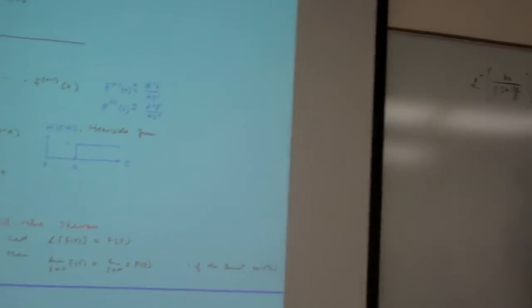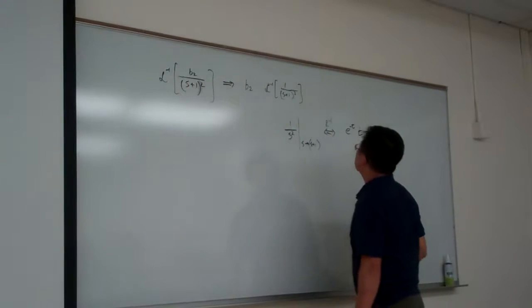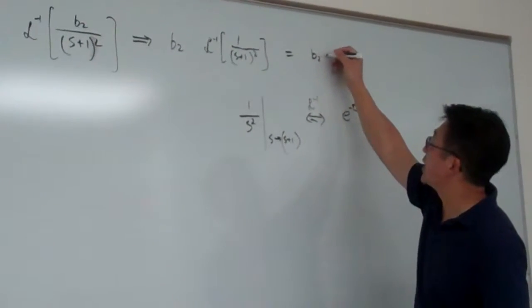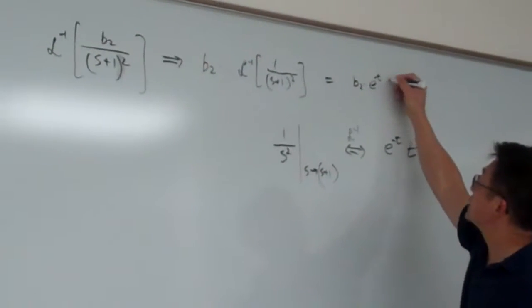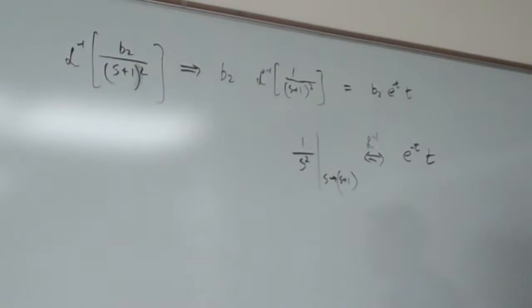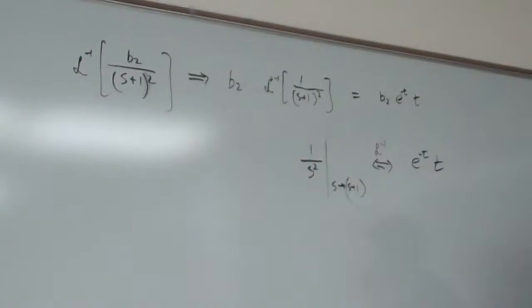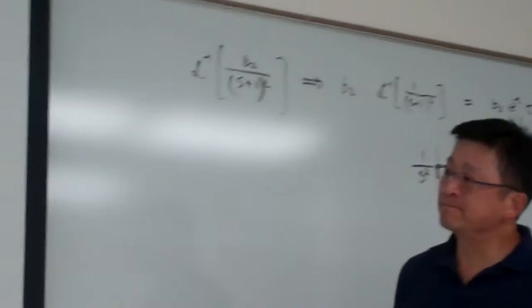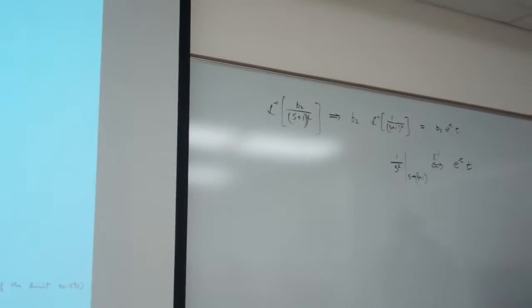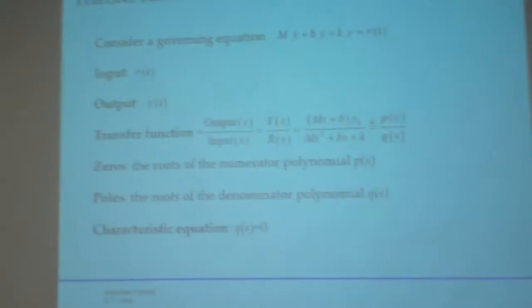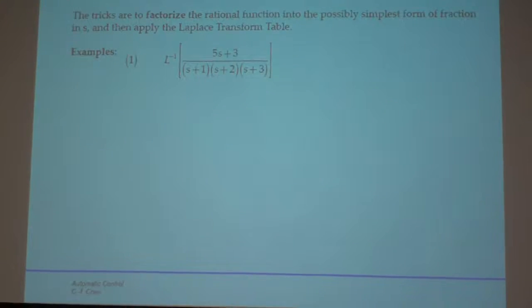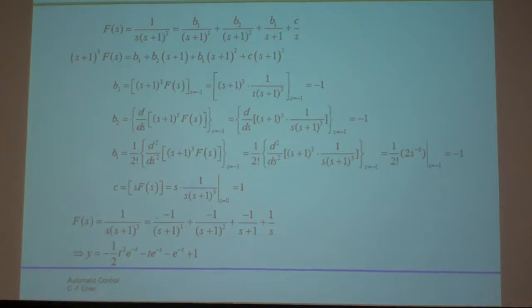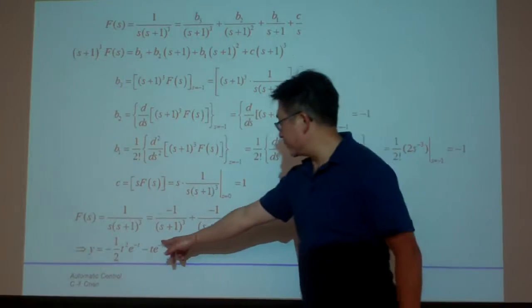So that is e^(-t) here. So this whole thing will become is d2 times e^(-t) times t. Okay, so that is this term here.